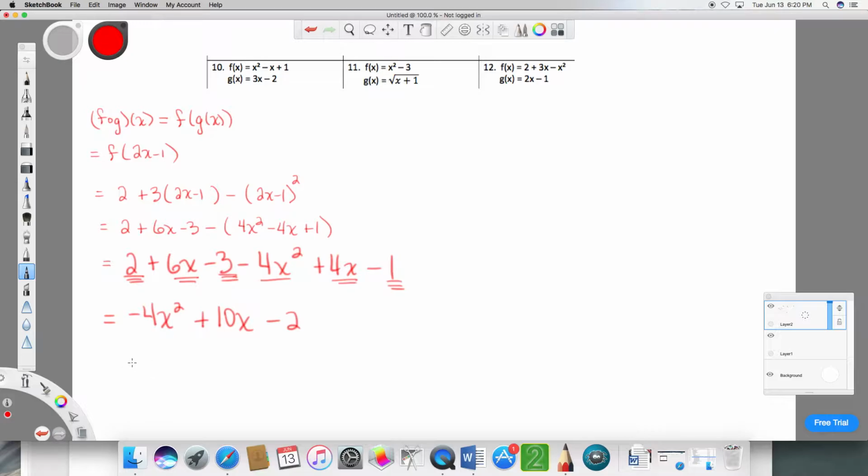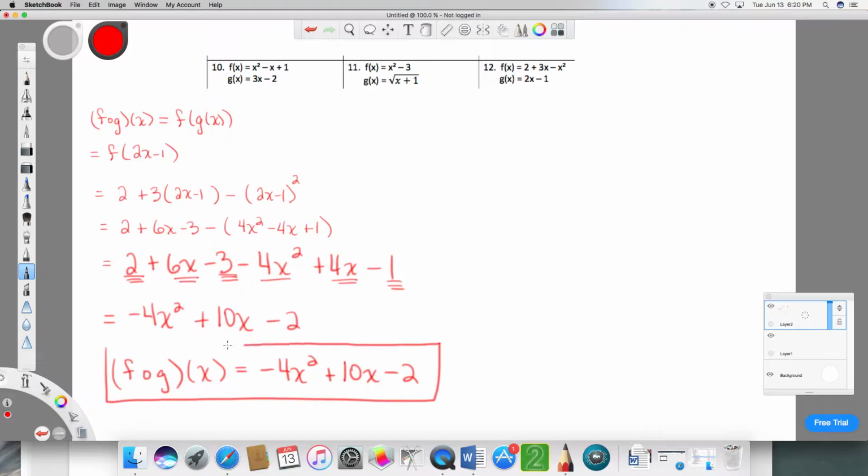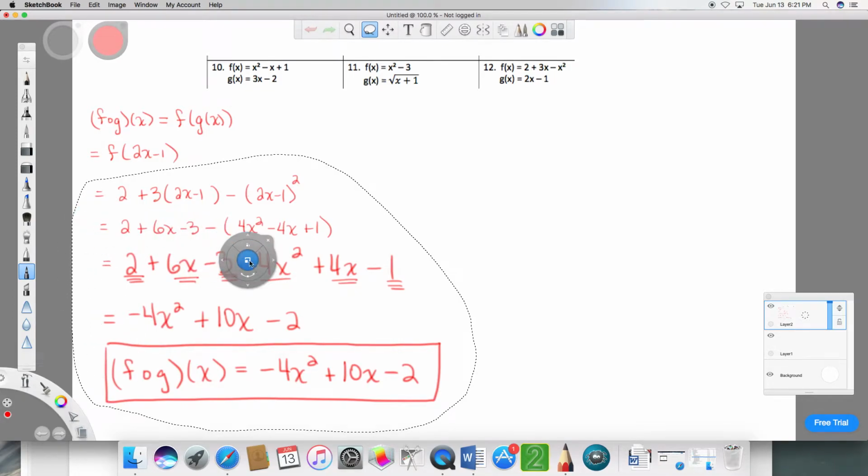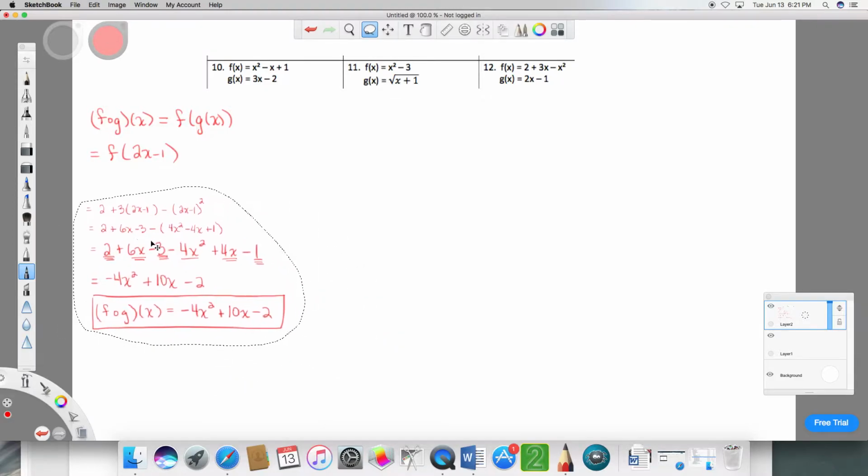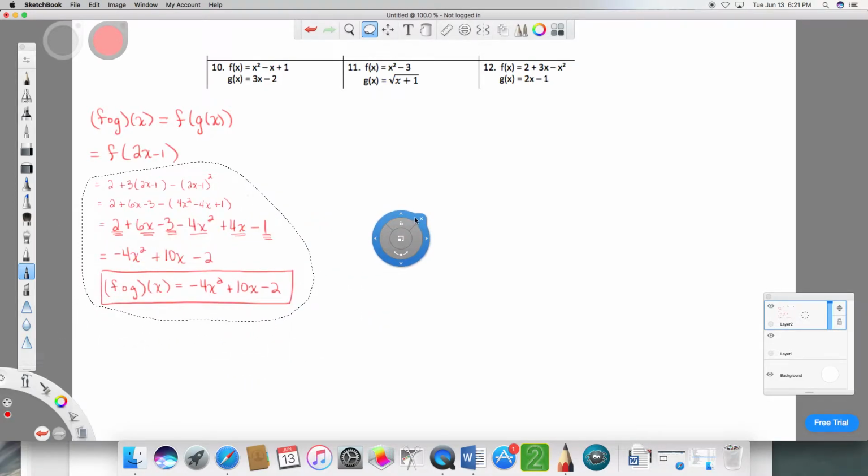So if I've done my algebra correctly, my arithmetic, I get as a final answer negative 4x squared plus 10x minus 2. Now you don't have to put it in standard form. I just like doing that out of habit. The directions did not say to write this new polynomial function in standard form, where the exponents are descending.